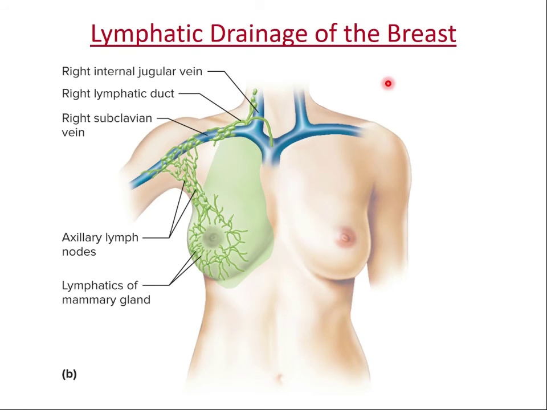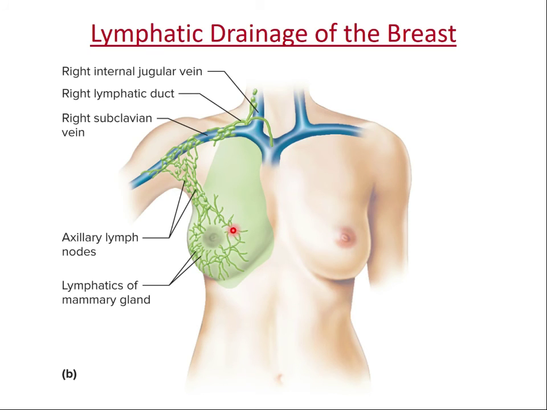So, lymphatic drainage of the breast. Just like the different regions of the body, lymph will bring all the excess fluid back to these lymph vessels, sample through these lymph nodes, and then be brought back to the veins. This is important even when it comes to the staging of breast cancer.